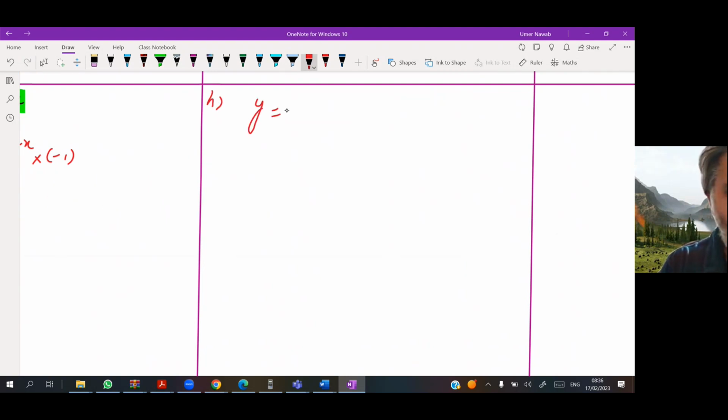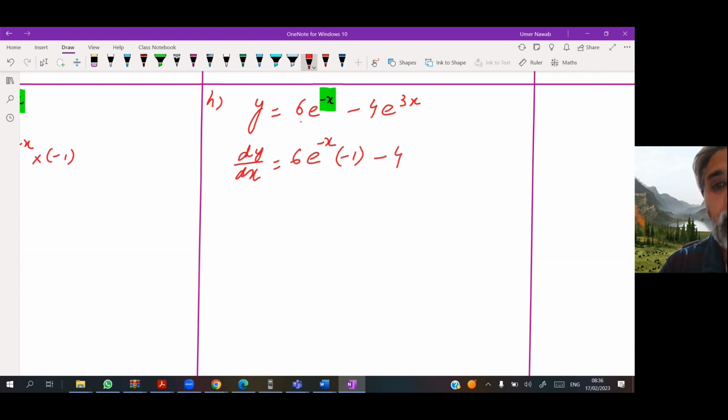y is 6 e raised to power minus x minus 4 e raised to power 3x. So dy by dx, 6 is a coefficient, stays. Copy e raised to power minus x. Further derivative of minus x is minus 1, then minus 4, copy, e raised to power 3x, copy, further derivative of 3x, which is 3.